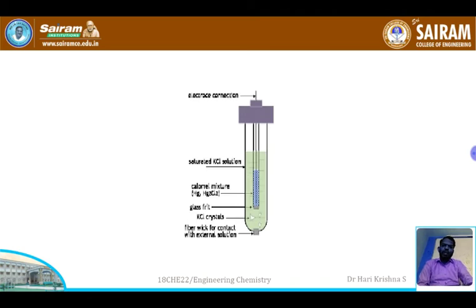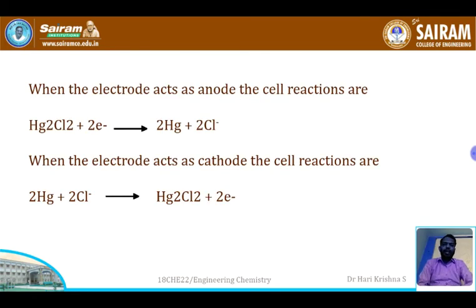Let's see. Whatever KCl is filled, it is of known concentration. It is very, very important. If the electrode acts as cathode, then Hg2Cl2 accepts 2 electrons and gives 2Hg plus 2Cl minus.